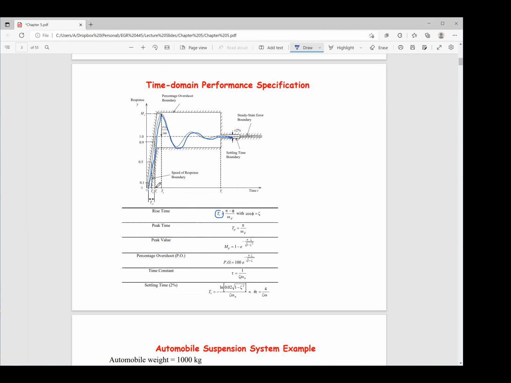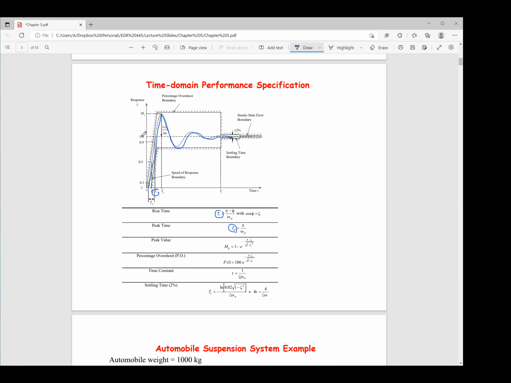TR is called the rise time, which is the time the system takes to go to the maximum possible amplitude. Peak time is the time it takes to go to the peak. Rise time is usually when the system response reaches the desired response, and the peak time is when the system response actually goes all the way up to the peak.